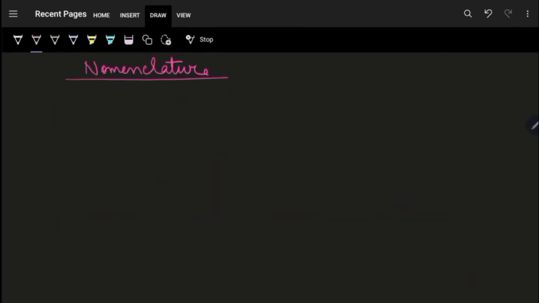Let us now move on to the nomenclature of alcohols and phenols. Alcohols are derivatives of alkanes, because an alkane is RH. If I replace this H by OH, it is an alcohol.